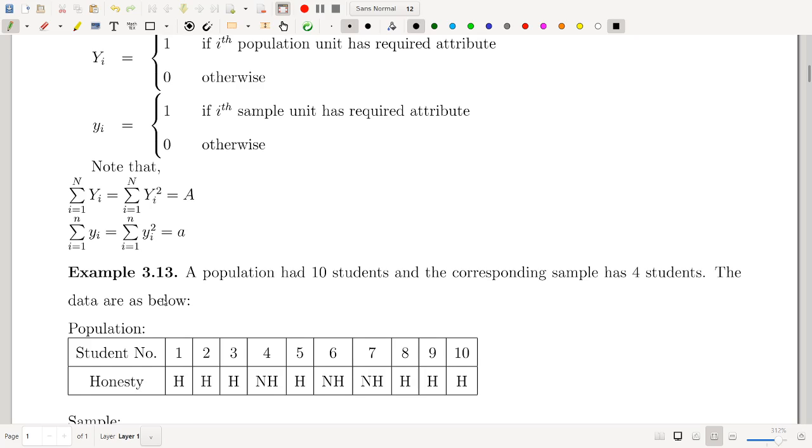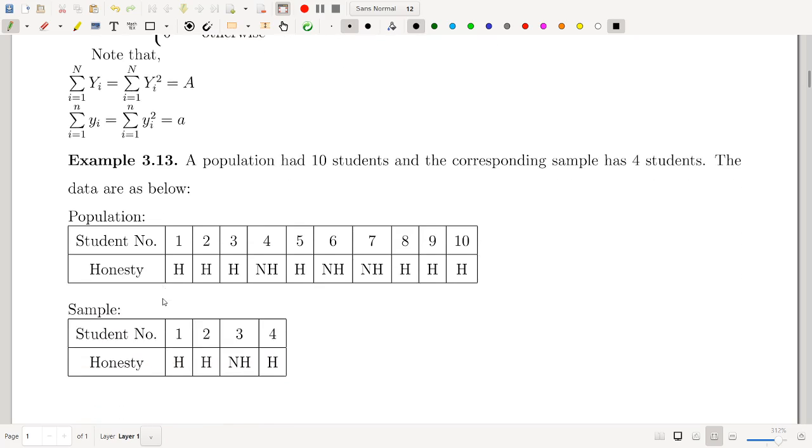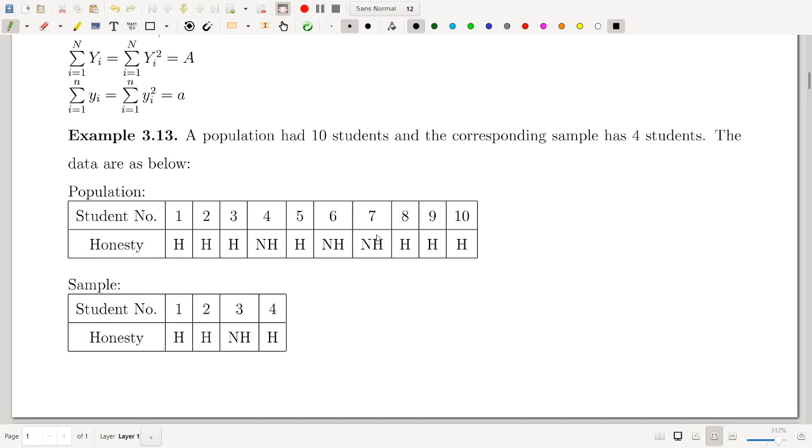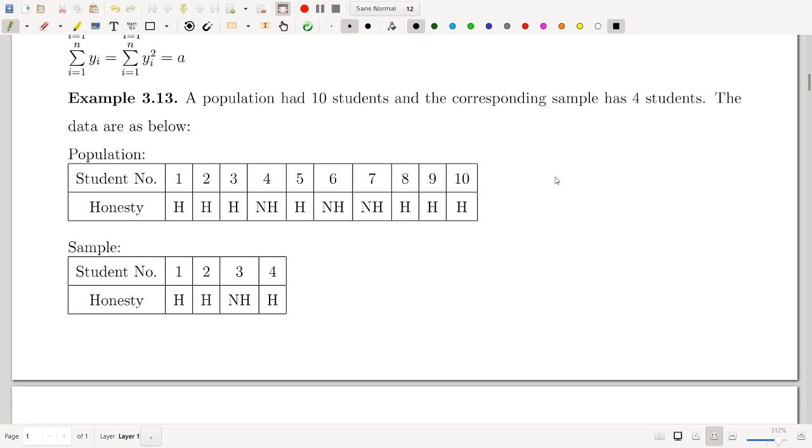Look at this example. A population has 10 students and the corresponding sample has 4 students. Capital N in this case is 10, and small n is 4.